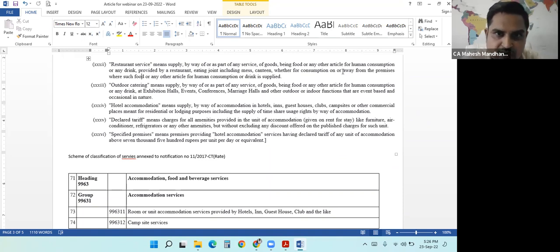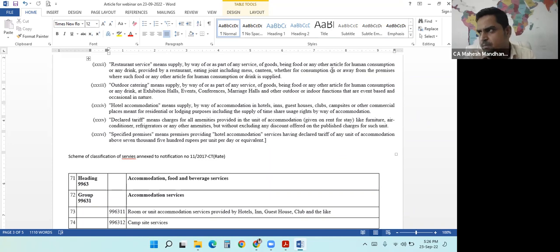But as far as restaurant service is concerned, yes, there is a point of litigation that any supply of food, even though there is no element of service, which we see in case of door delivery of food, which we can see in case of this takeaway food services, or for the same reason, the supply of food by the cloud kitchens or by the centralized kitchens.